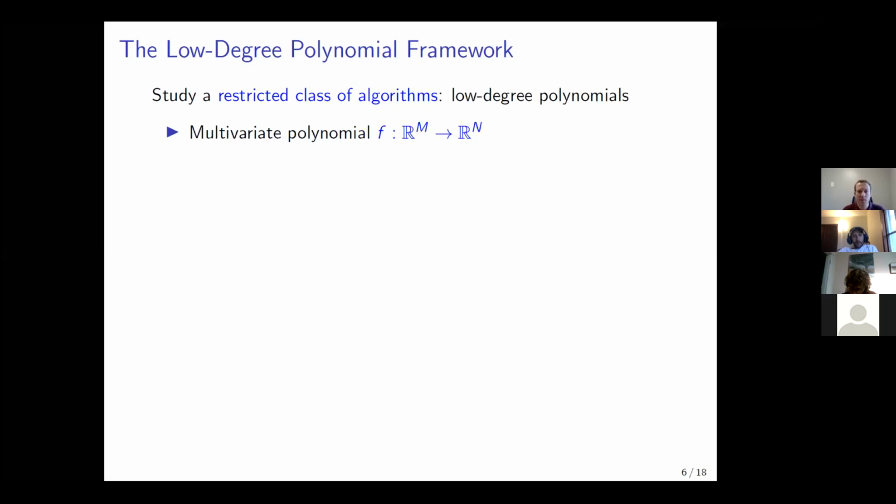So what do I mean for a polynomial to be an algorithm? Well, I'm considering a multivariate polynomial. By this, I just mean that you can really think of it as a tuple of different polynomials where each one of them is just a usual multivariate polynomial in m variables.